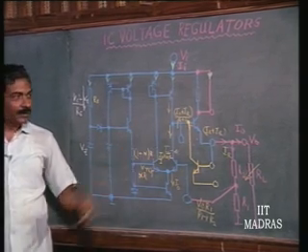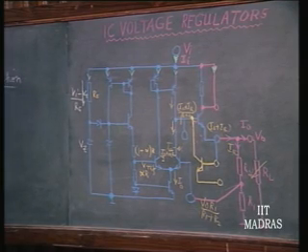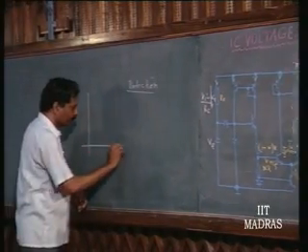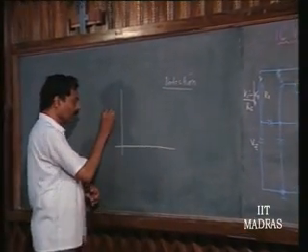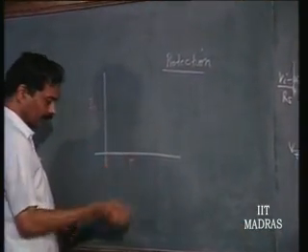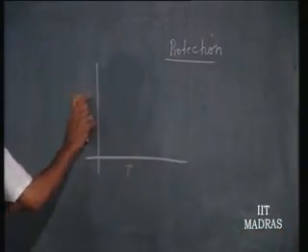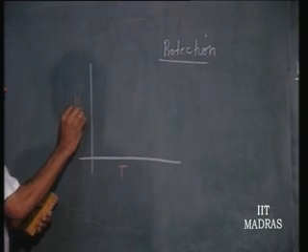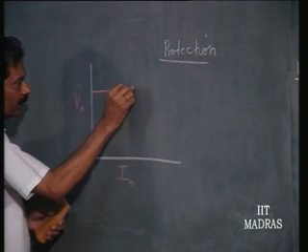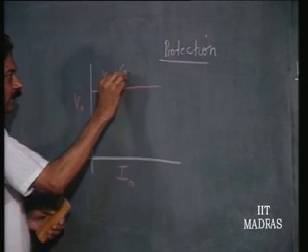So when it involves large amounts of current drawn, we would like to have V naught versus I naught absolutely constant at V reference into 1 plus R2 over R1.